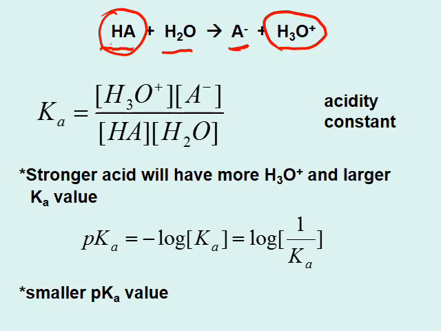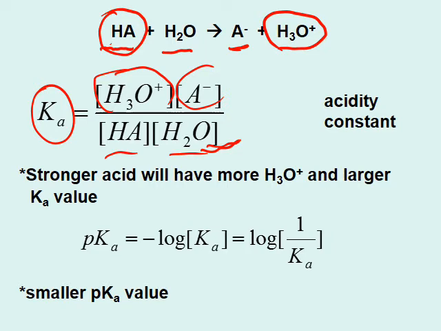So now you'd have products on the top. This is how we write the equilibrium constant, or acid dissociation constant: H3O+ on the top, A- on the top, and then HA and the H2O concentration on the bottom. Usually water is in excess, so often we ignore it as a remaining constant, so you'd mostly have those three terms.